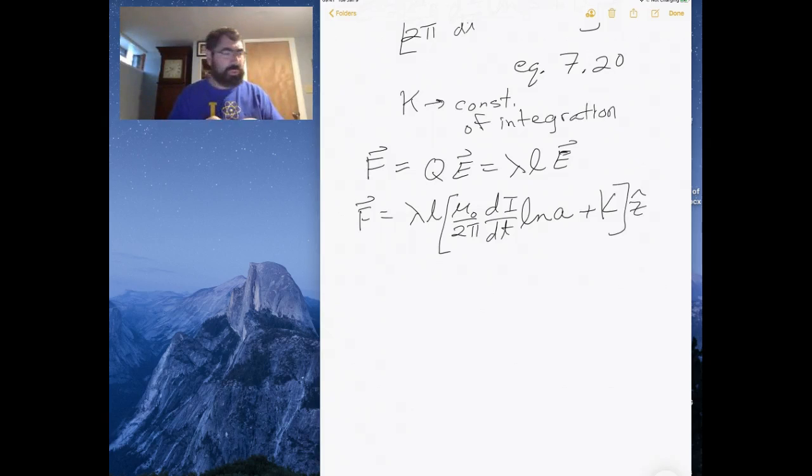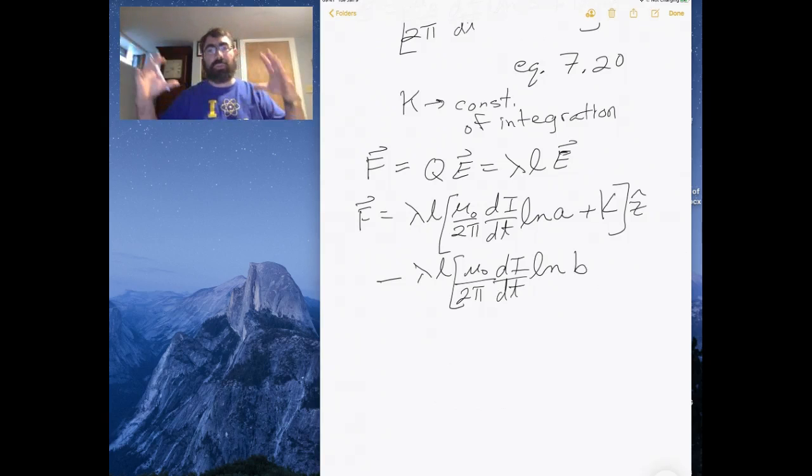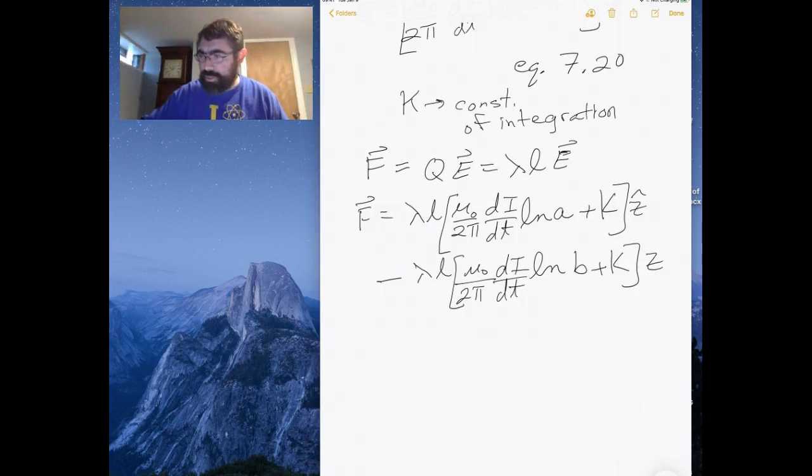Okay, so that's one force, but there also is the force pushing the charge on the outer conductor. That would be minus, because it's in the opposite direction, lambda L mu 0 over 2 pi di/dt, the natural log of B, now the radius of the larger conductor, plus the same constant of integration, times z hat.